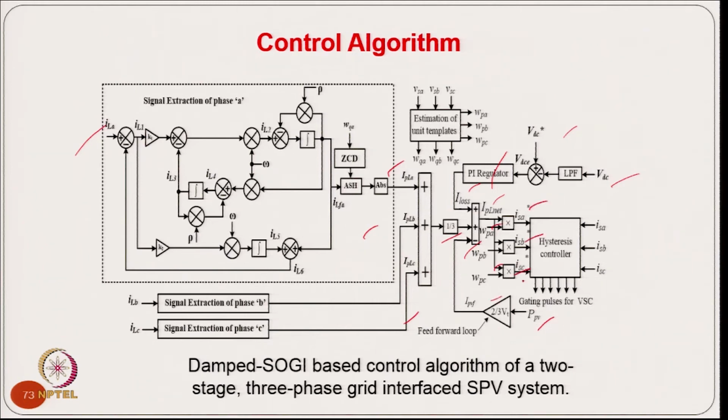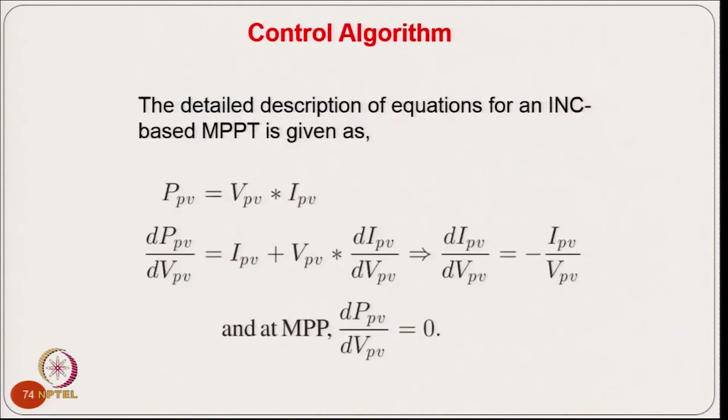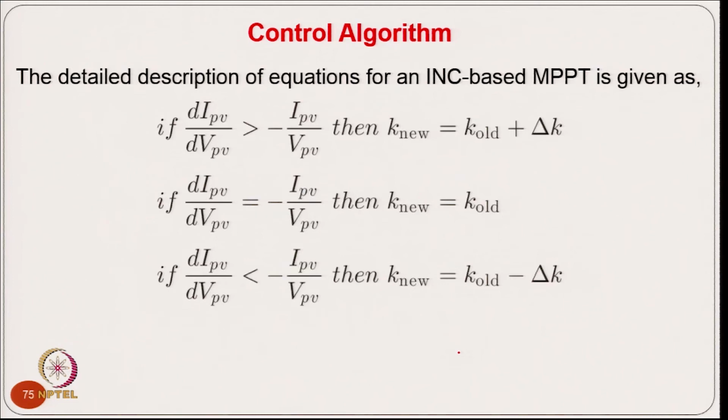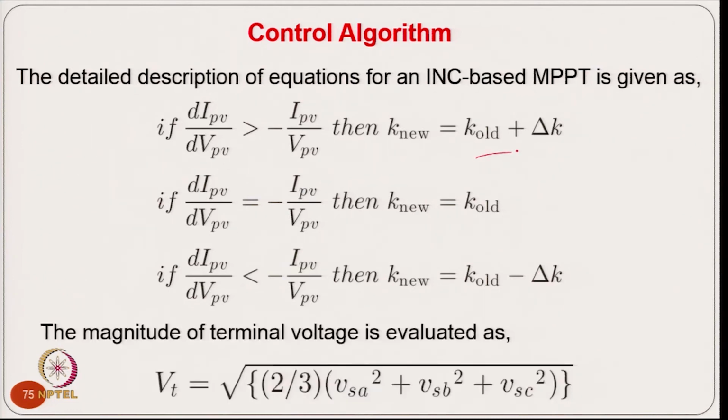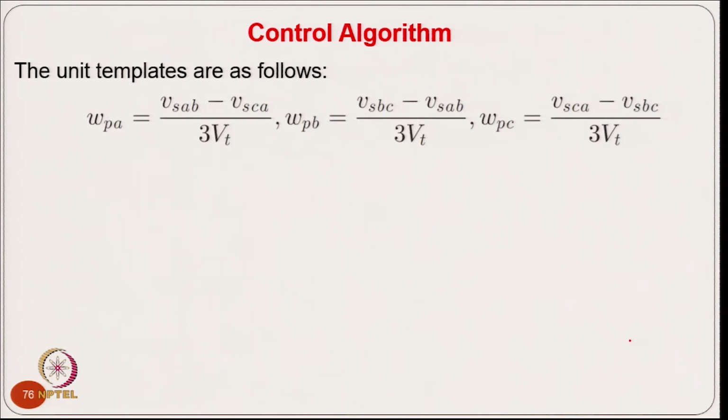So we get the reference grid current, we have the sensed grid current, and we have a current controller to give the gating signal for the voltage source converter. That is how the control works. This is of course the maximum power tracking algorithm, from which we get the reference PV voltage, and once you have the reference PV voltage we get the duty cycle for the boost converter which implements the MPPT, and this is the amplitude of the grid voltage from the sensed voltage.